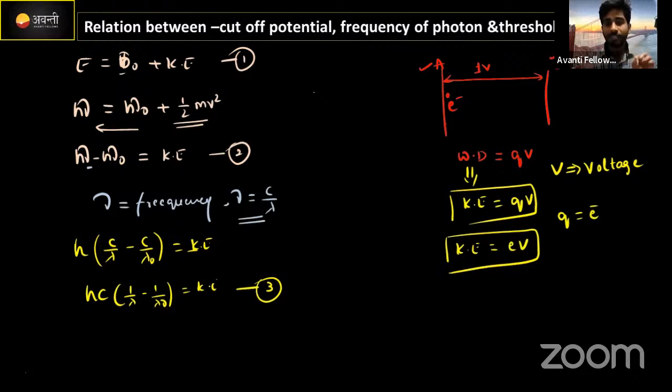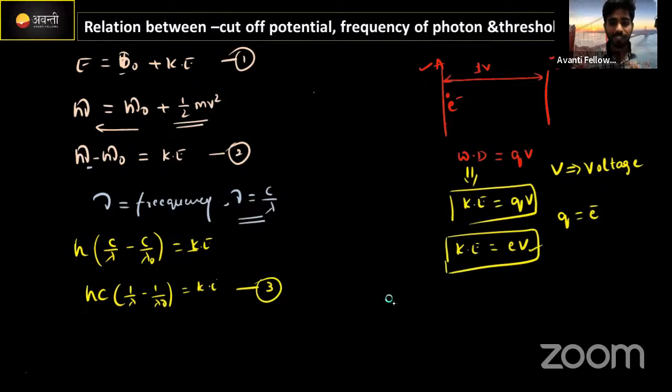Correct now? Sometimes they might ask you to find the value of potential in the photoelectric effect. At that time, they will give the values of lambda, c, and h, and lambda naught.